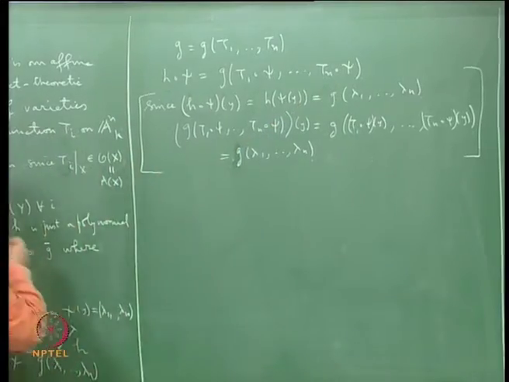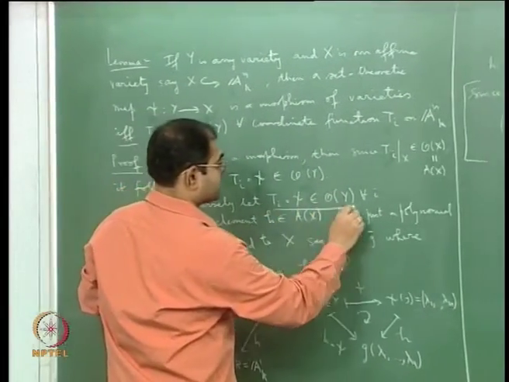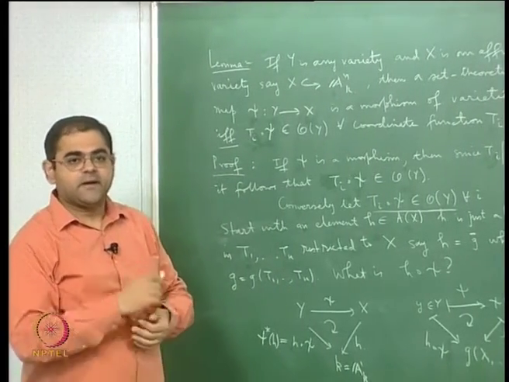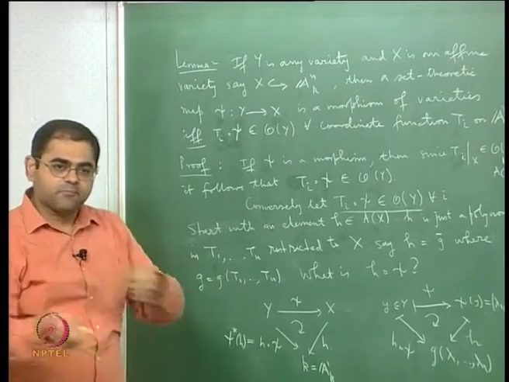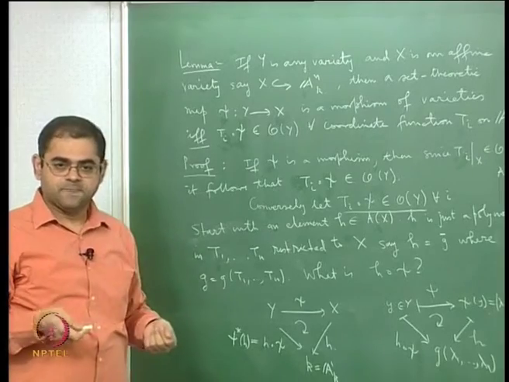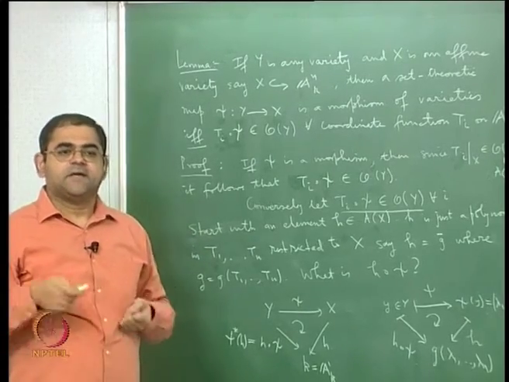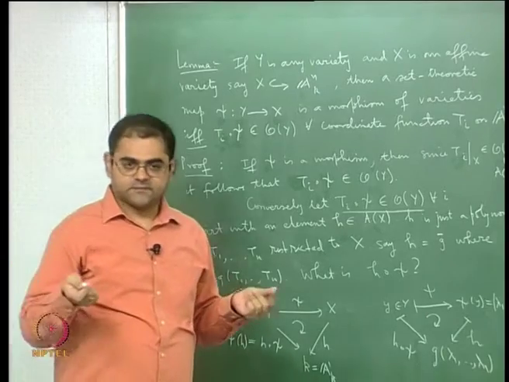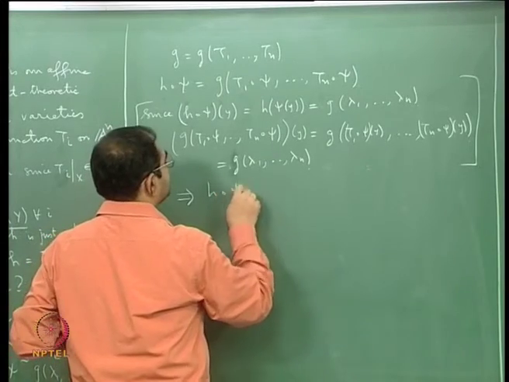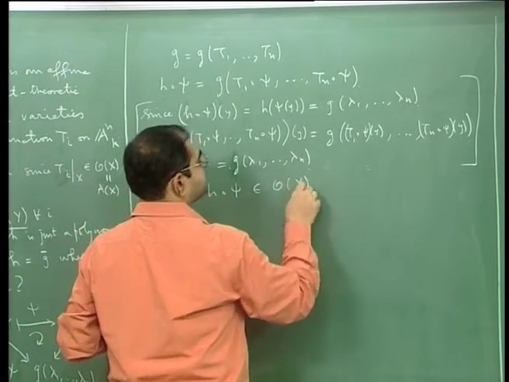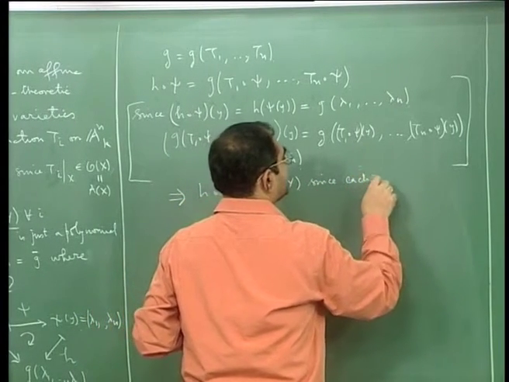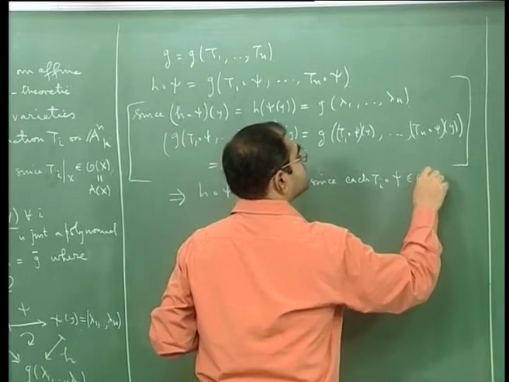But what are these functions? They are already given to be regular functions on y. Each Ti circle psi is already a regular function on y, and so if you give me a bunch of regular functions on y and write a polynomial in those with coefficients in the field, the result is again a regular function, because sum and product of regular functions is again a regular function. So all this will tell you that H circle psi is in O y, since each Ti circle psi is in O y.